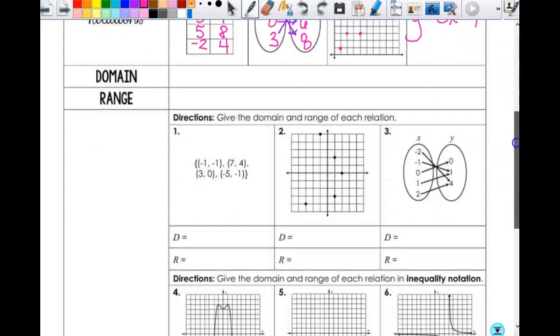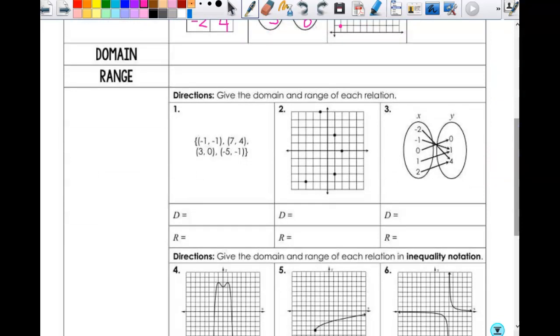So domain is the set of all possible what? Okay, so set of all possible x values, and that's a true statement, but we don't necessarily have to use x, right? It could be a, b, or q, or whatever. So what's another way to talk about that variable specifically, no matter what letter it is? Okay, it is horizontal, so it's your left and your right.